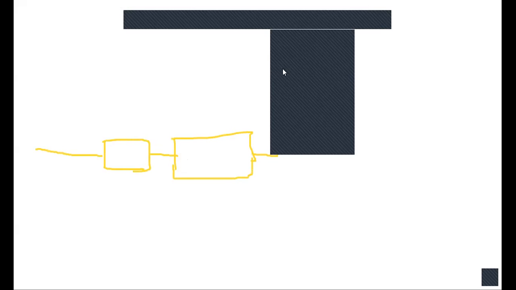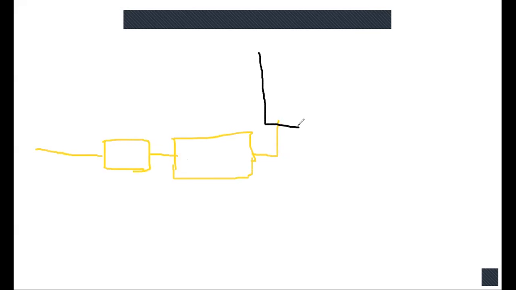First of all, we draw our schematic diagram. This is our first point. This is our second. This is our room.